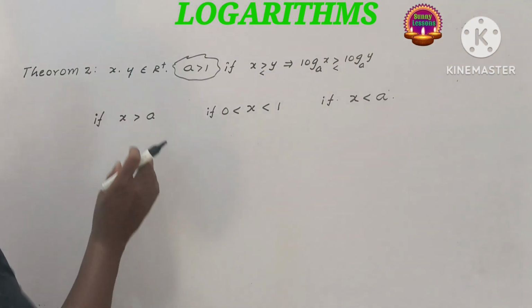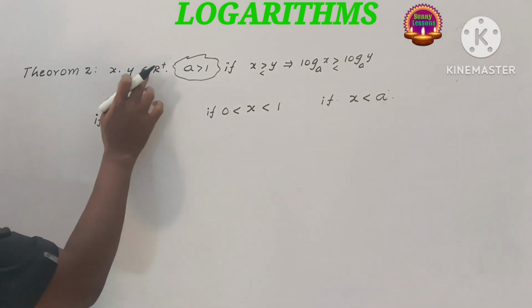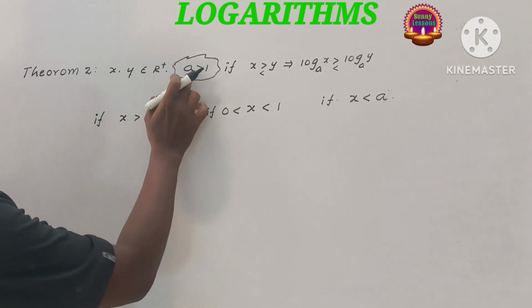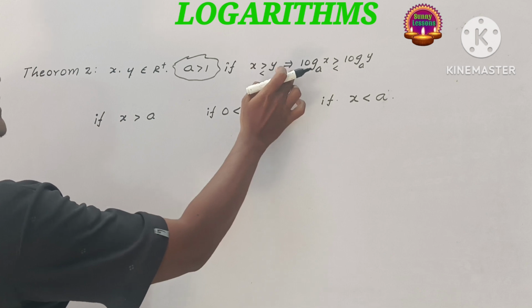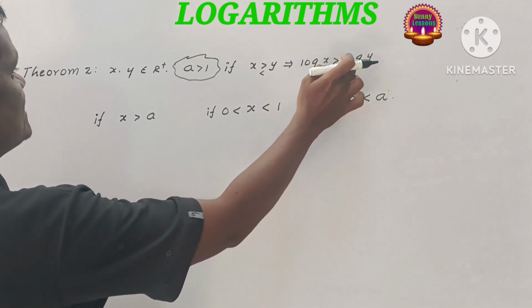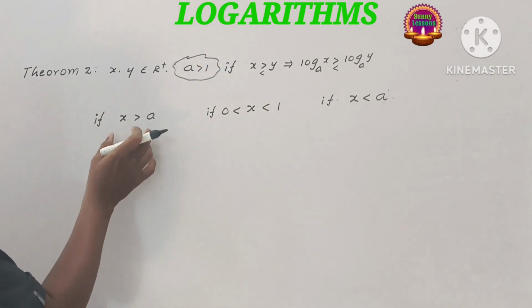Now we observe some conditions. x and y are positive real numbers. If a is greater than 1, x is greater than y if and only if log x base a is greater than log y base a. According to this theorem, we have to prove this.